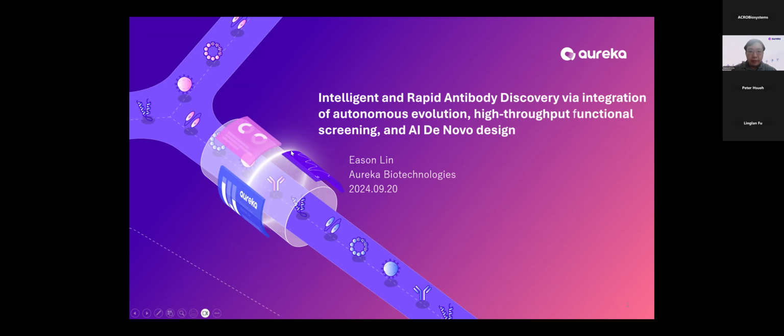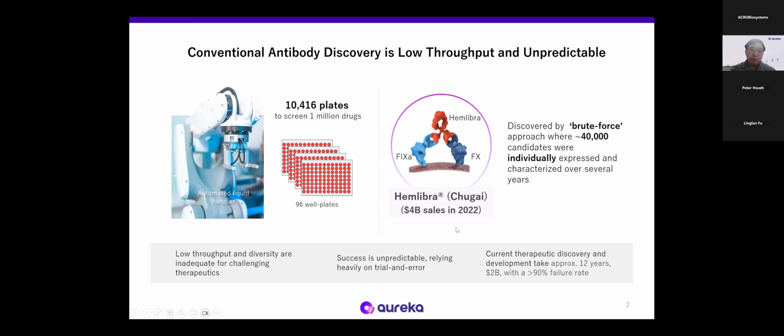As all of us know, conventional antibody discovery is low throughput and unpredictable, and it's a high risk business because you're talking about tens of thousands, or even higher scale, of candidates that you have to screen out.